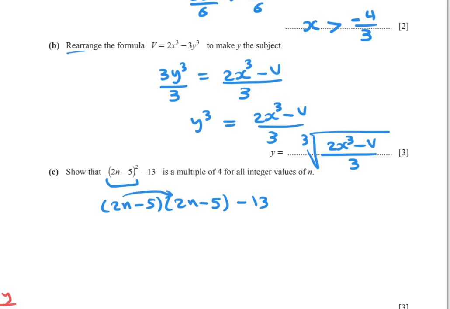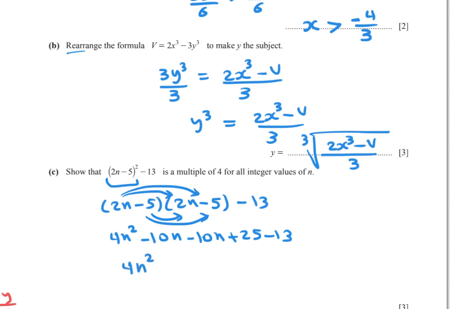Multiply 2n times 2n, 4n squared; 2n times negative 5, so negative 10n; negative 5 times 2n, so negative 10n; negative 5 times negative 5, positive 25; minus 13. Combine the like terms, so 4n squared, minus 20n, 25 minus 13, so plus 12.